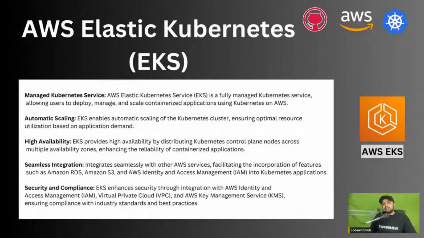So that's why EKS is famous to use if your application is at a bigger level or production based. And then we have seamless integration. If we're using AWS EKS, we can also integrate different services: RDS database, S3, AWS Identity and Access Management, and services like DynamoDB. So it is easy to use.